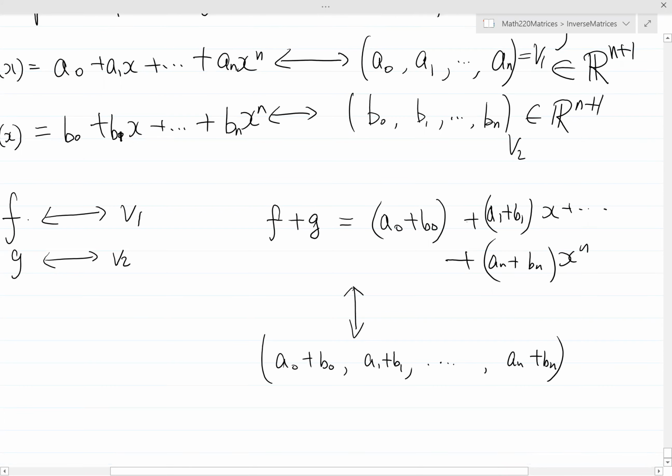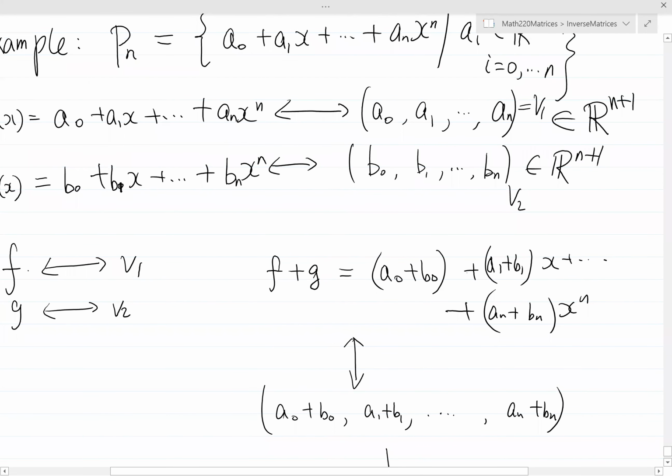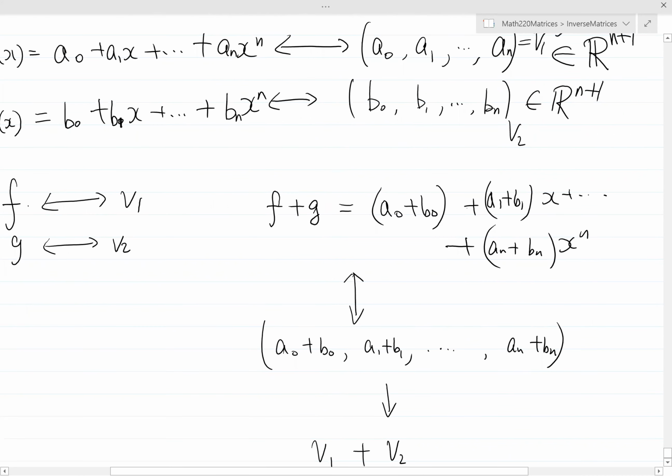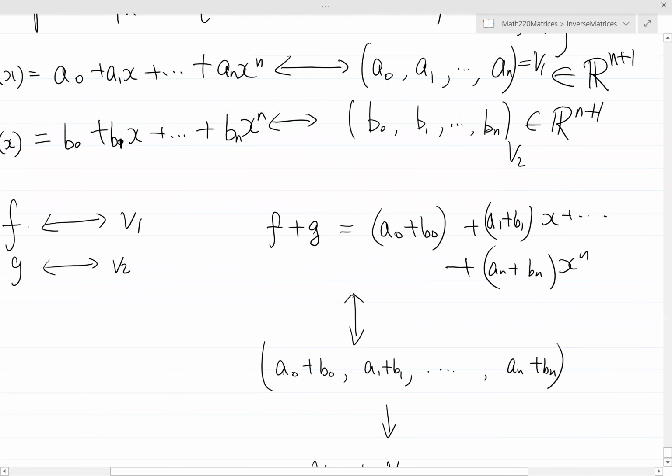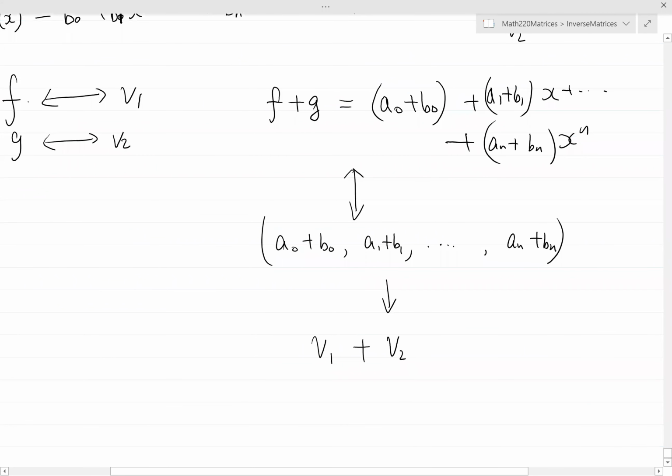Using vector addition, this is exactly v1 plus v2. Now v1 is the vector a0, a1, etc., an. v2 is exactly b0, b1, etc., bn.